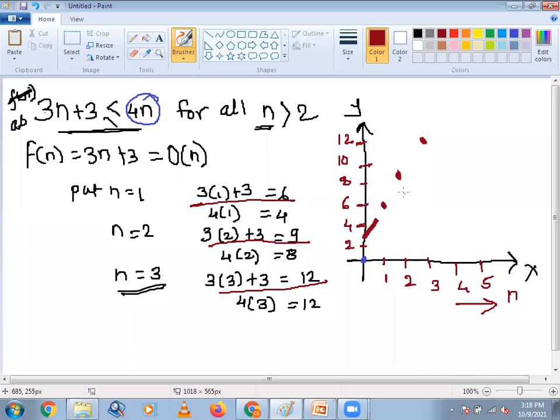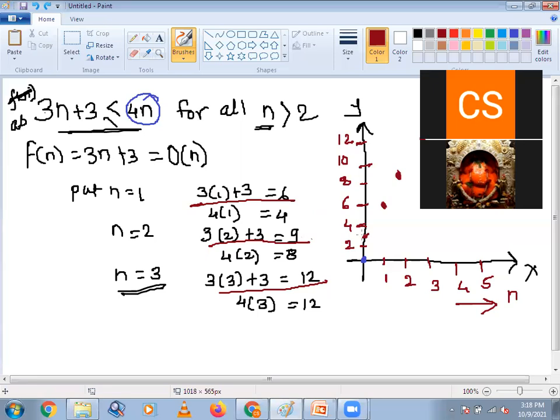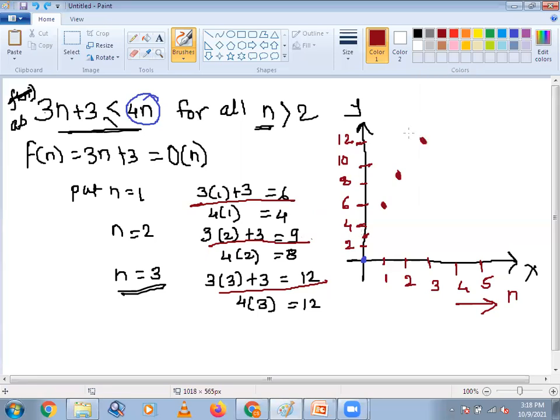So this is the line for f of n, and for g of n, 0 for 0.